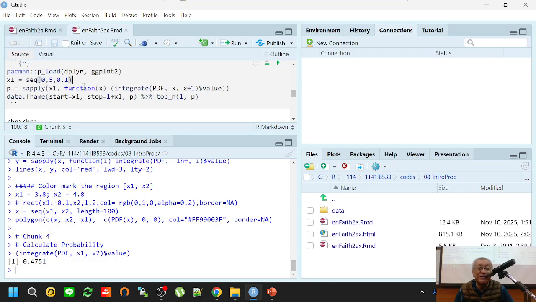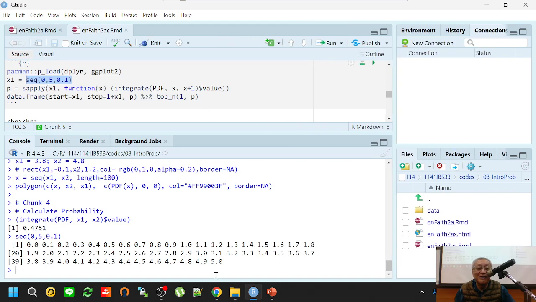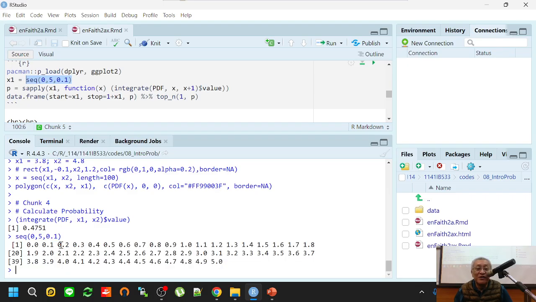First of all, we do a sequence, right? We use this function a lot of times, right? Okay, so we specify 0, 5, and 0.1, which means that starting from 0, I will have a sequence from 0, 0.1, 0.2, up to 5.0, right?